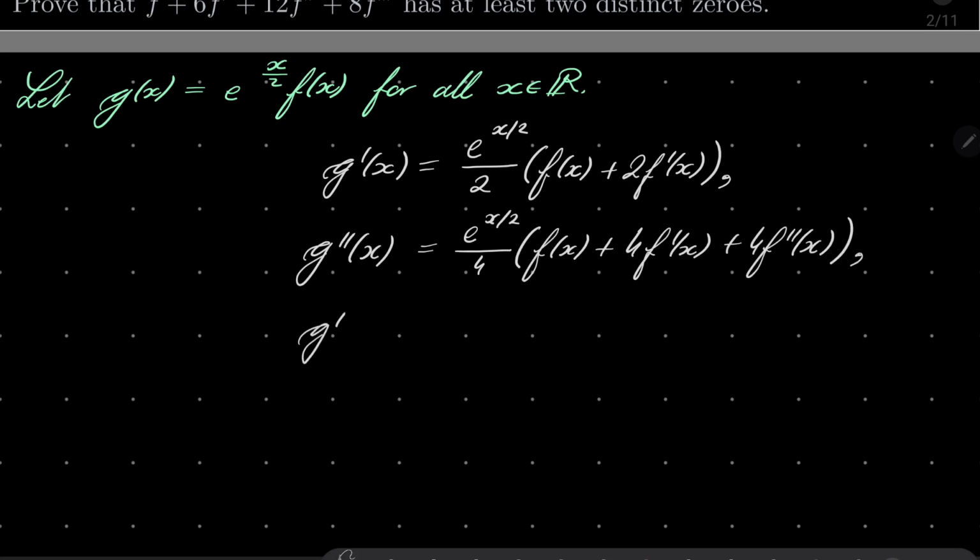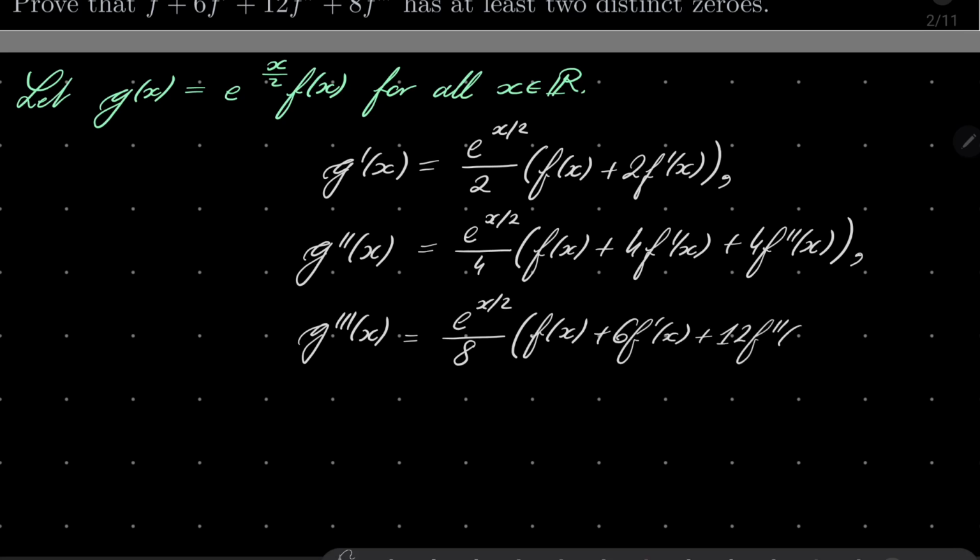Finally, after differentiating once again, it's e to the power x over 2 over 8, and we have f of x plus 6 times f prime of x plus 12 times f prime prime of x plus 8 times f third derivative.